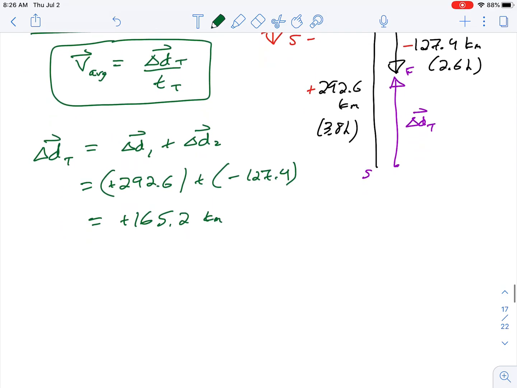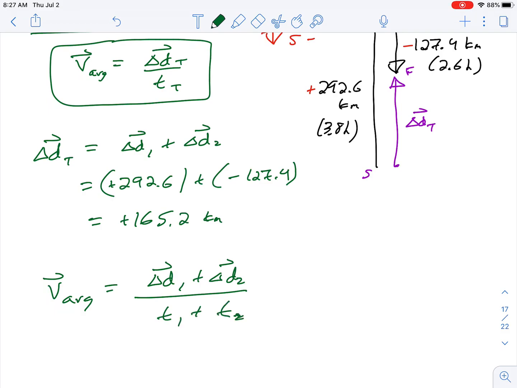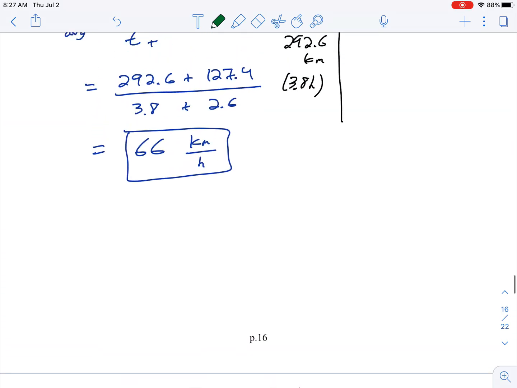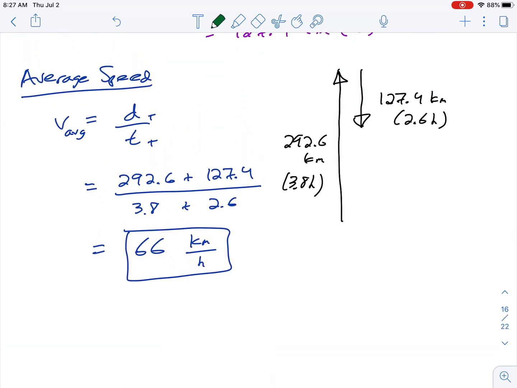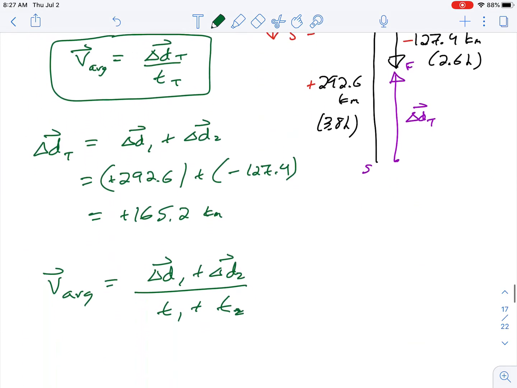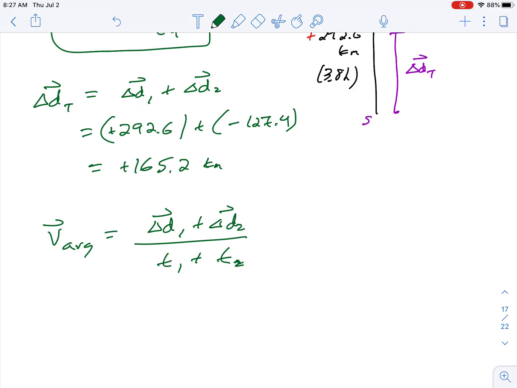Finally, we can find V average. So V average, therefore, becomes essentially just delta D1 plus delta D2 over T1 plus T2. You'll notice that equation looks very similar to one that we used here for overall distance over overall time, which is D1 plus D2 over T1 plus T2. So similar idea. And therefore this one comes out to be overall displacement of 165.2 kilometers over the total time.